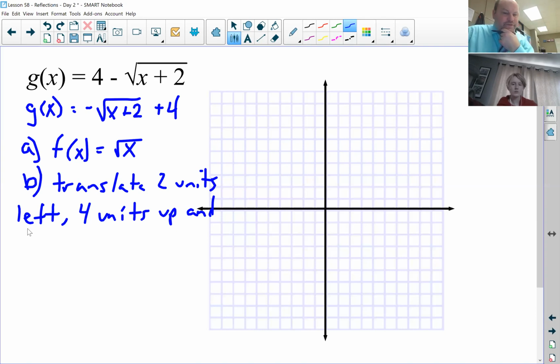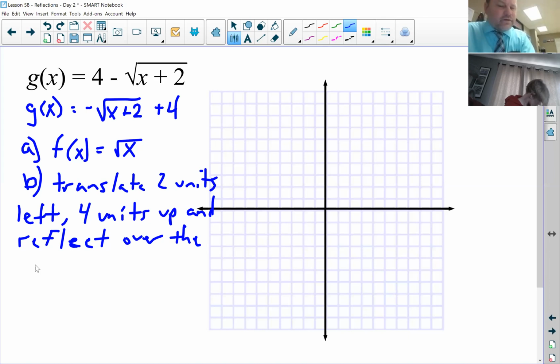Yeah, in this case, I'll write it here. Over the y-axis. I paused because in this case, the reflection actually happens before we translate up.